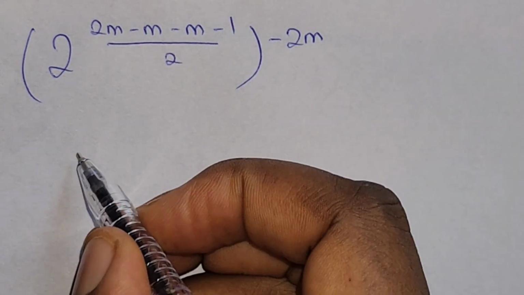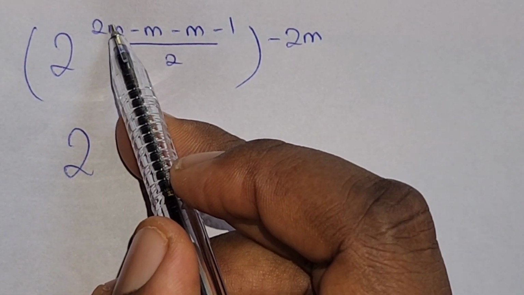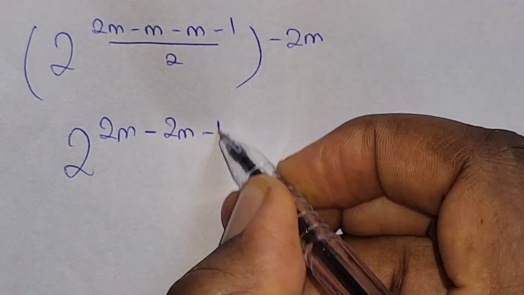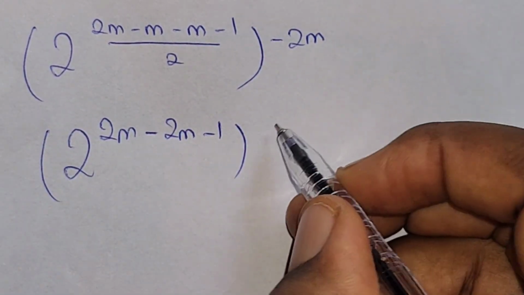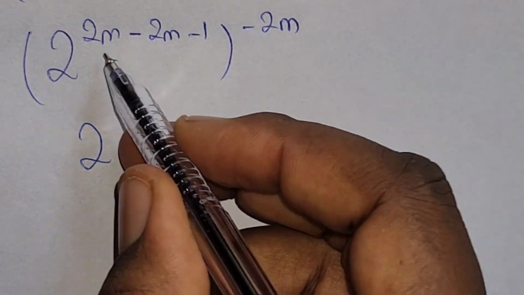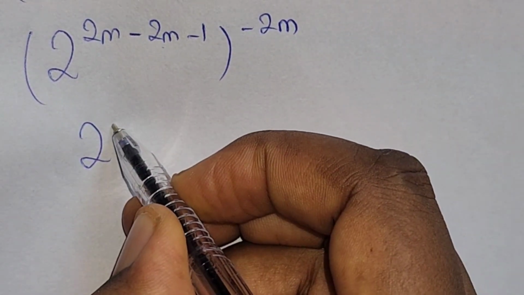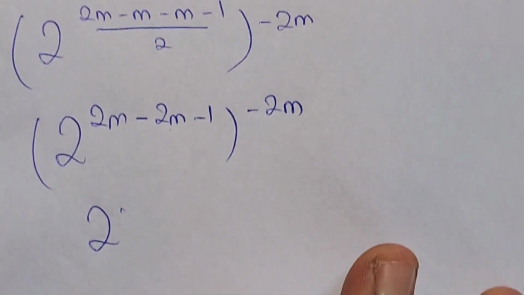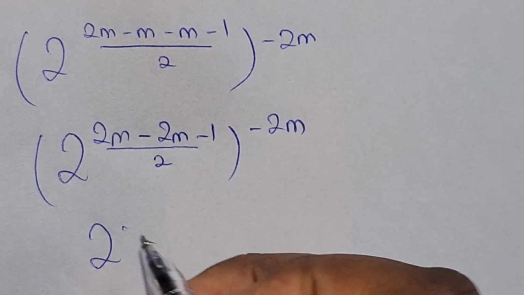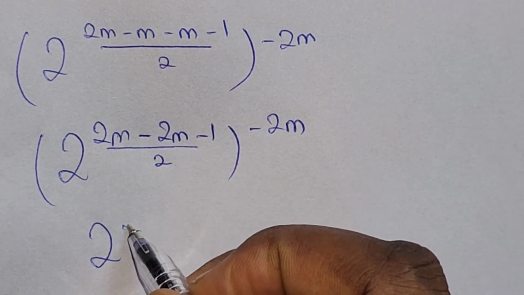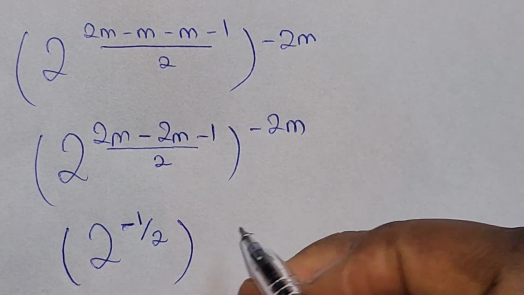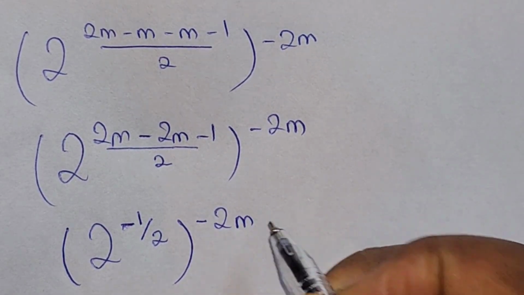So when we simplify this, we have 2 to the power of 2m minus m minus m, we have minus 2m and we have minus 1, further raised to the power of minus 2m. So we have 2 to the power of, this will cancel out, we have minus 1, so we have over 2 here. So we have 2m minus 2m, we have minus 1 over 2, further raised to the power of minus 2m.